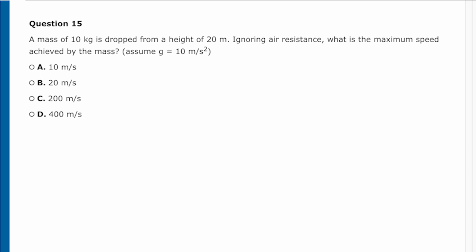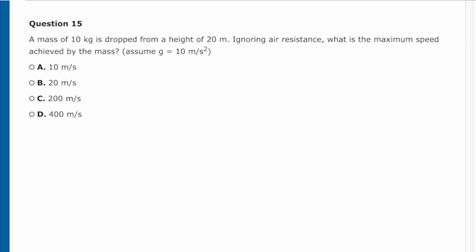What is the maximum speed? Yeah, I don't remember the equation, but let me see if I can just use some logic here. We have 20 meters, and if gravity is 20 meters per second, I don't know if that matters. And we have a mass of 10 kilograms. I don't know.